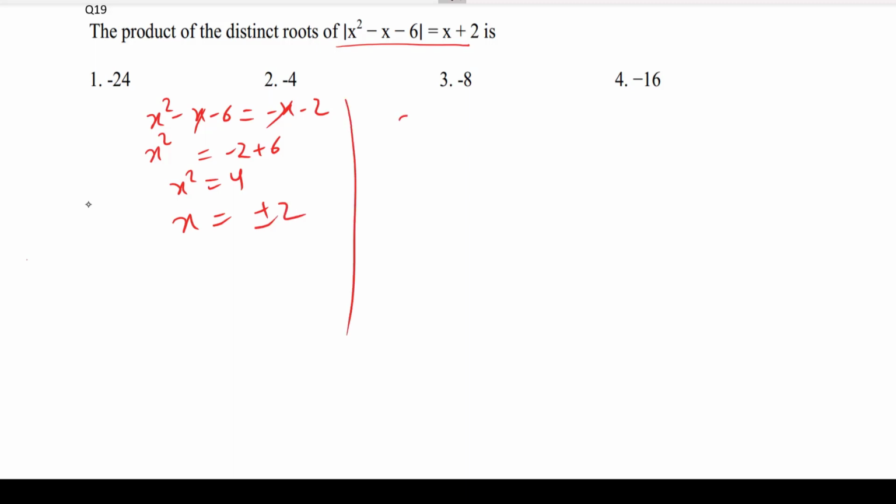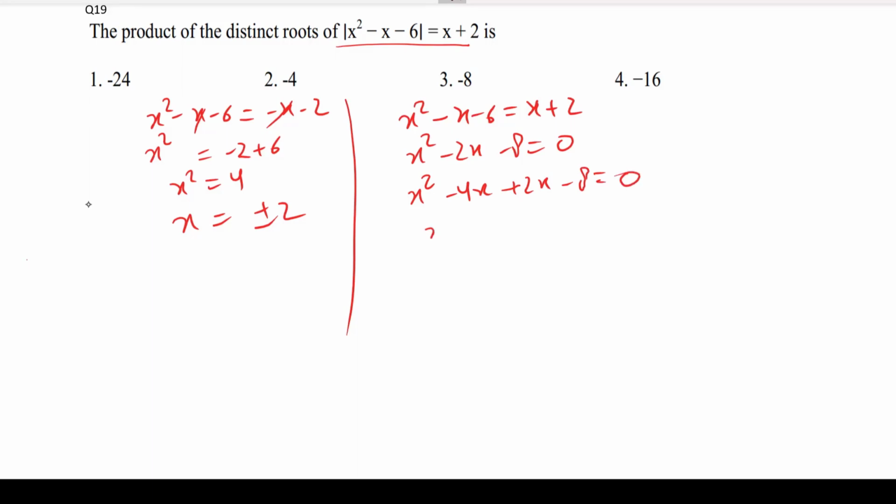From the second part, minus x equals x plus 2, we will get x square minus 2x minus 8, that is x minus 4 times x plus 2, and there will be x equal to 4 and minus 2. So the distinct values are minus 2, 2 and 4. Their product will be minus 16.